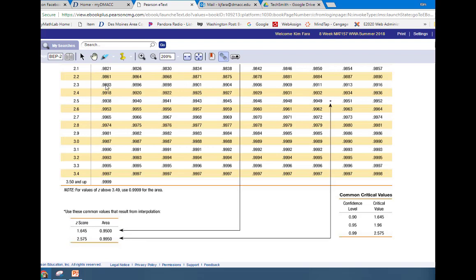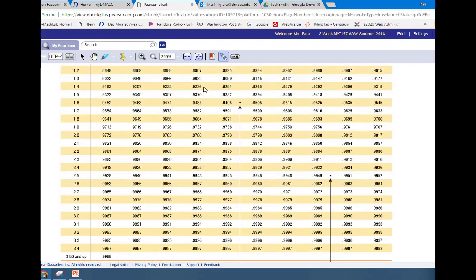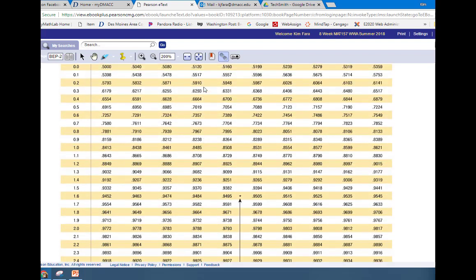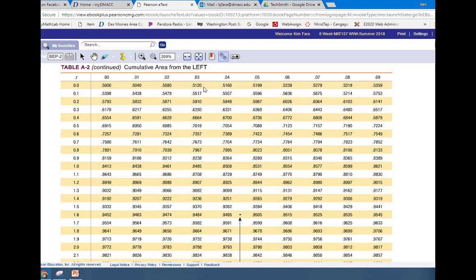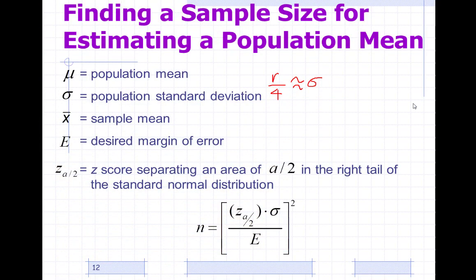So we are 1, 2, 3, 4 over, so it's going to be 2.3, and then we go way to the top, 3. So our critical value is going to be 2.33. So let's go back to our PowerPoint. So we know our critical value for this problem is 2.33, so let's plug the math in.